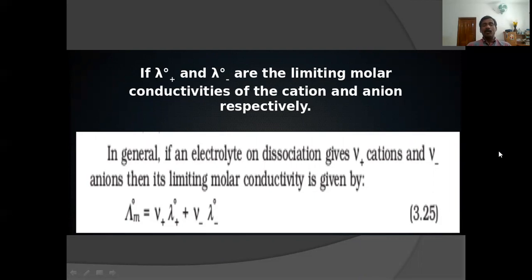Then lambda m0 of the electrolyte is equal to gamma plus into lambda 0 of the positive ion plus gamma minus into lambda 0 of the negative ion, where gamma plus represents the number of positive ions and gamma minus represents the number of negative ions. So I think we can stop it here and we can discuss the problems in the next class.